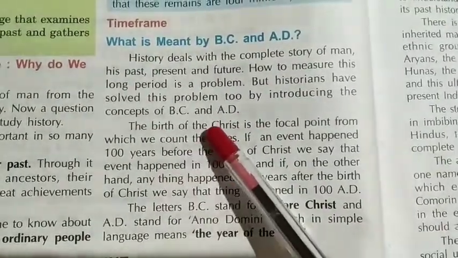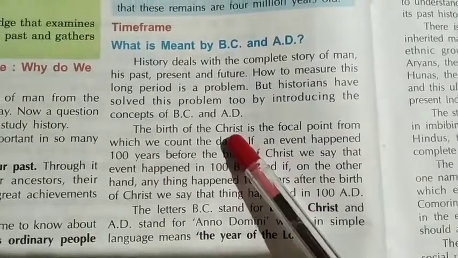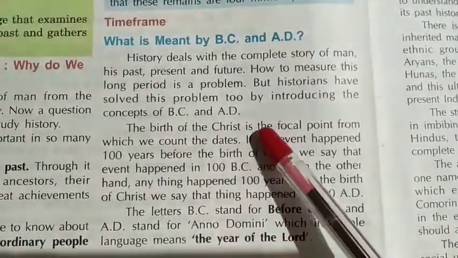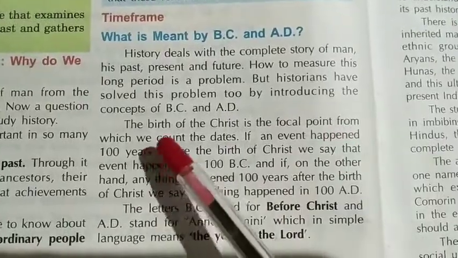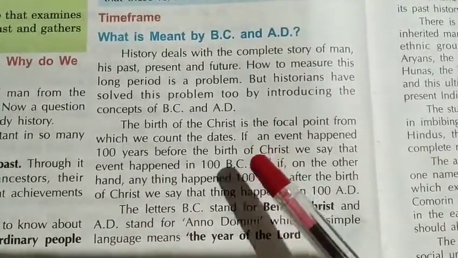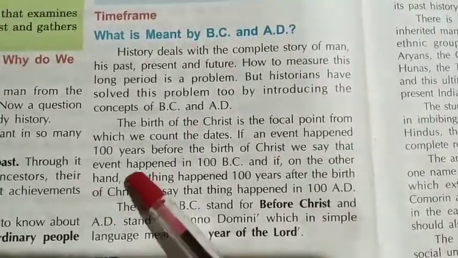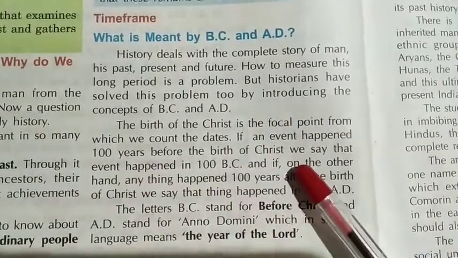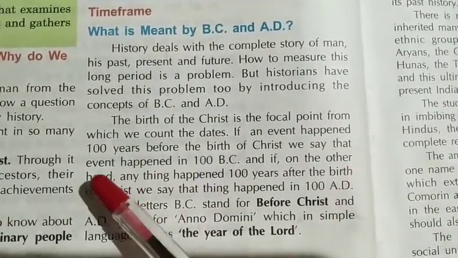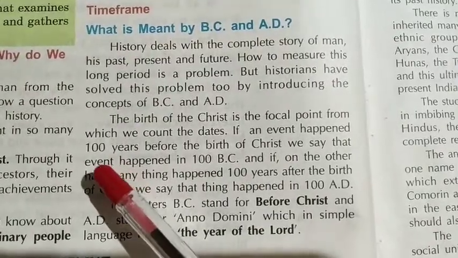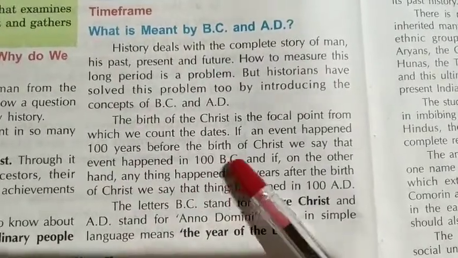The birth of Jesus Christ is the focal point from which we count the date. If an event happened 100 years before the birth of Jesus Christ, we say that event happened in 100 BC.